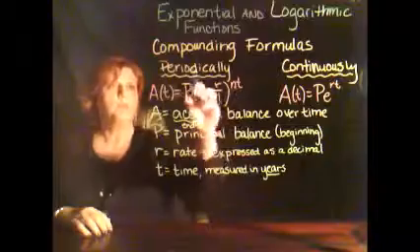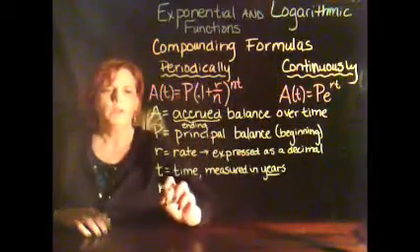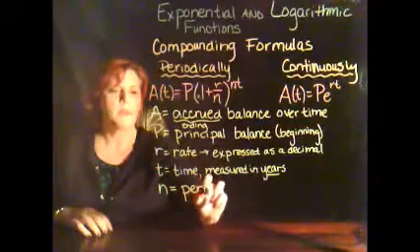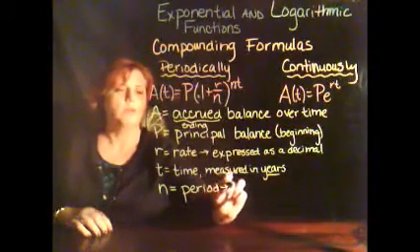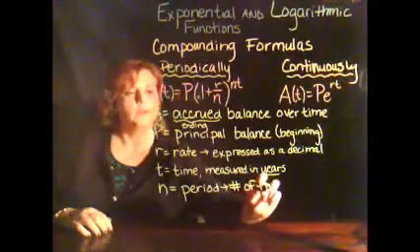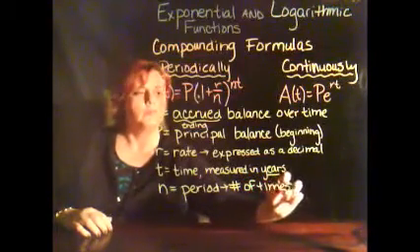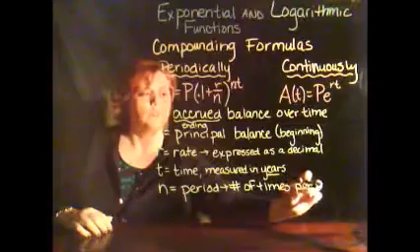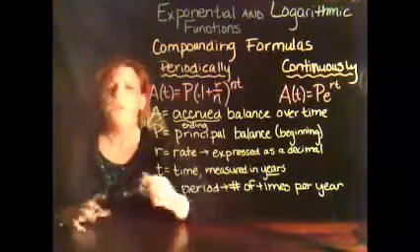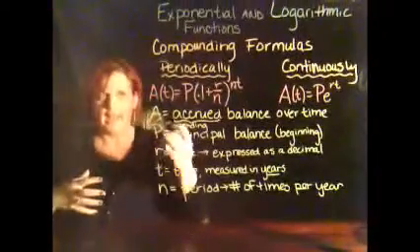And then the last one only applies to our periodic because N is the periods, or the number of times per year that the interest is being added onto it.